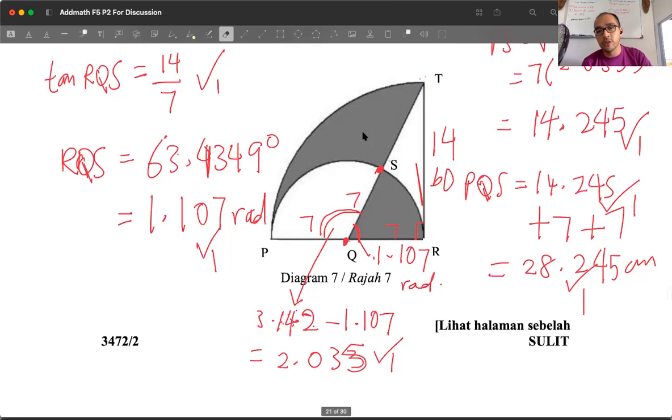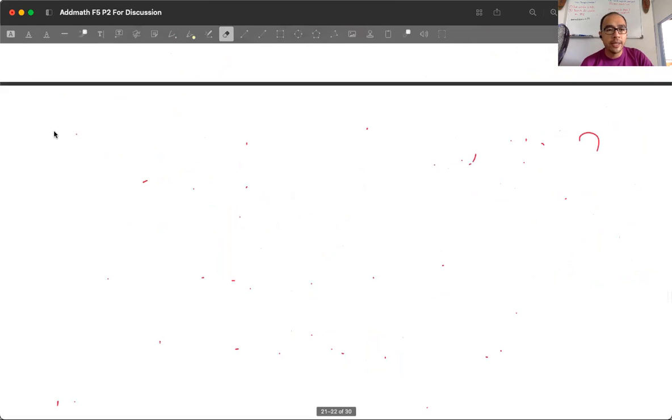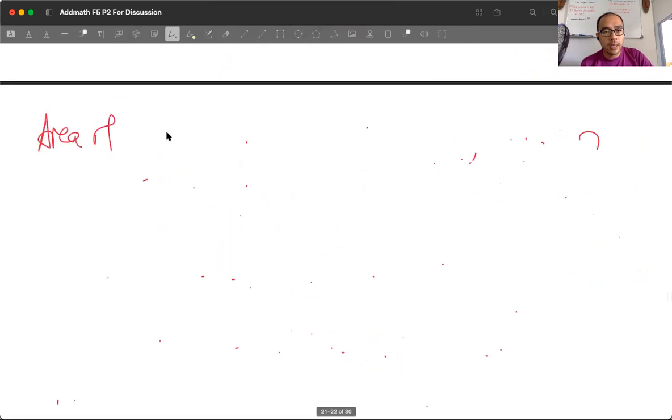Kita fikir strategi dulu. The first step, obviously, is to count this area. Ini yang senang. So area of SQR is very simple: 1 over 2 r squared theta.